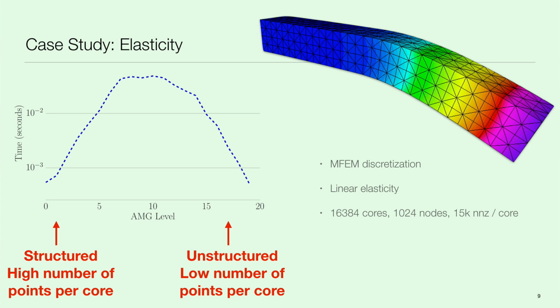On the far right, when we're down at some of the lower levels in the hierarchy, we have a much smaller problem, but it has a much wider sparsity pattern. And you can see what happens here. That's not what we want, right? We wanted successively smaller and smaller problems so that they were cheaper. And this is the core problem that we're going to address.